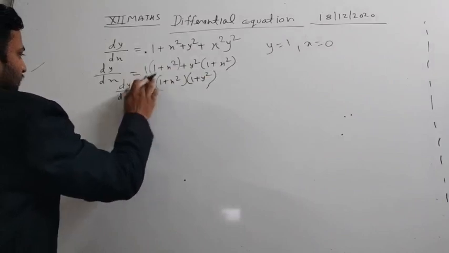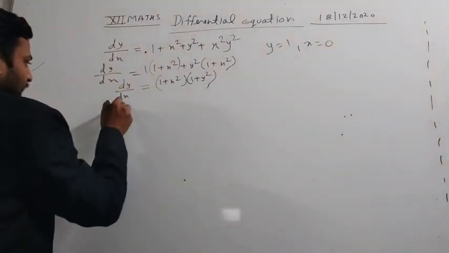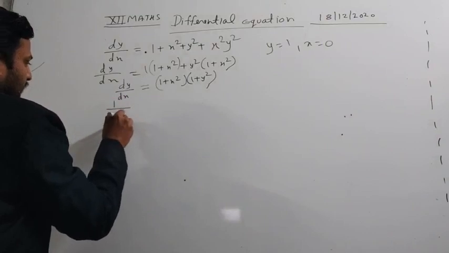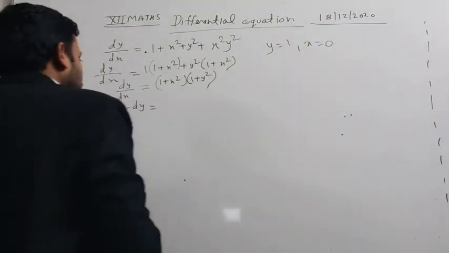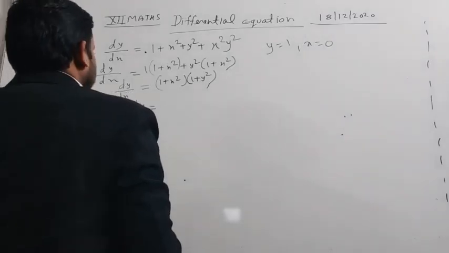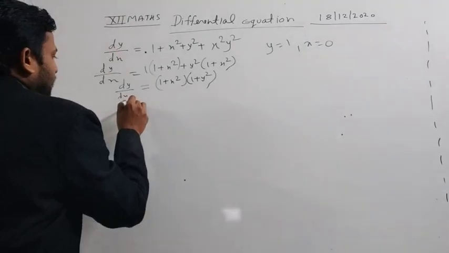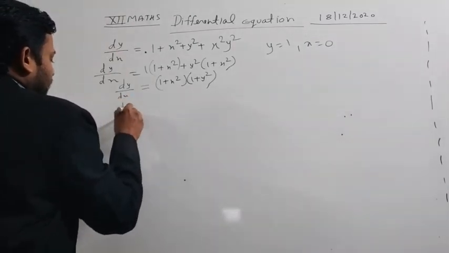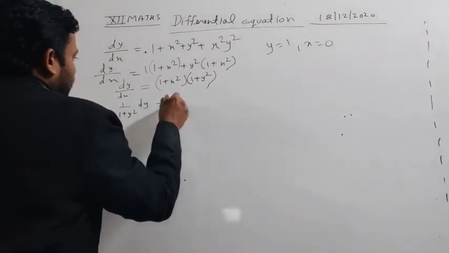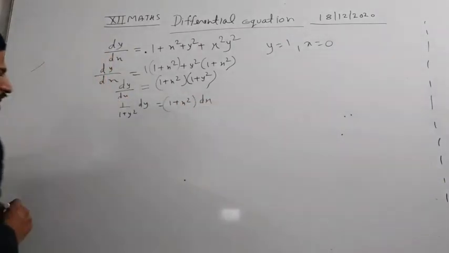So 1 by 1 plus y square dy is equal to 1 plus x square dx.